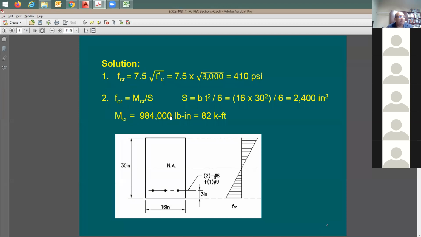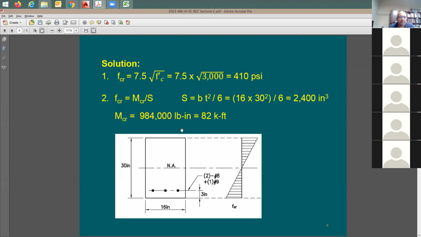So how would you convert from pound-inch to kip-foot? Can someone help me here? What is the conversion factor in this case? For the feet, should I multiply by 12 or divide? Oh, divide. Mm-hmm. So from inch to foot, divide.